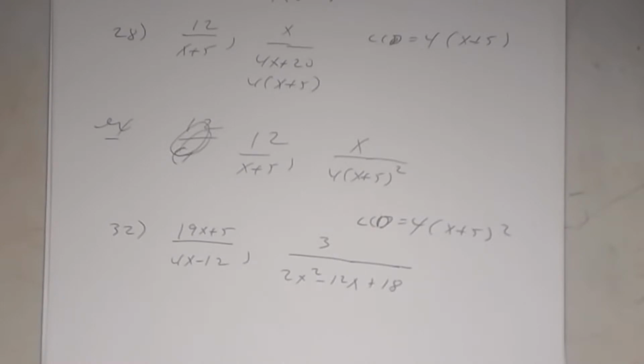All right, in the next section, you're going to be adding or subtracting these two things. So the denominators are different, so you're going to write equivalent fractions with the same denominator. The denominator is going to be the LCD.